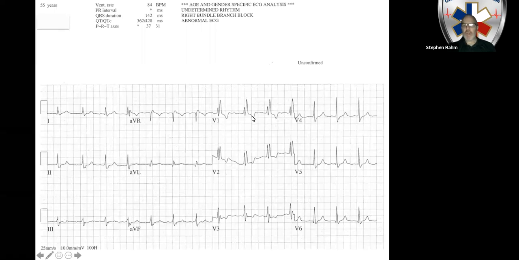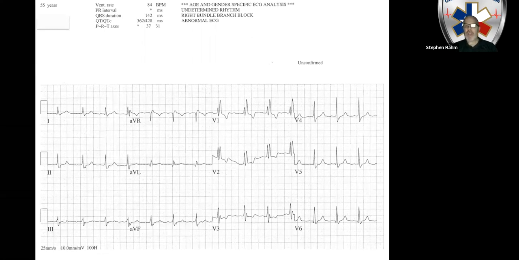Now, if you pay attention to leads V1, V2, and even a little bit down here in lead V3, you see that ST depression that I was talking about earlier, simply a secondary repolarization abnormality. So one could not say that in the setting of a right bundle branch block, ST depression in V1, V2, and V3 would be an ischemic change, because you would expect to see that with a right bundle branch block.